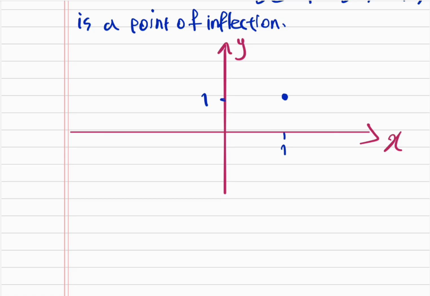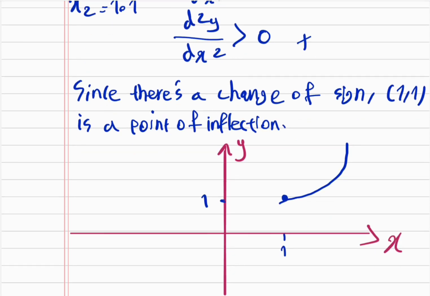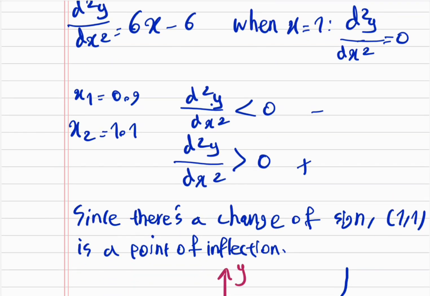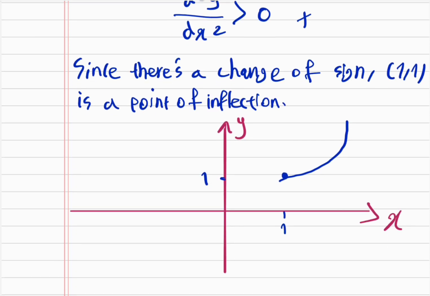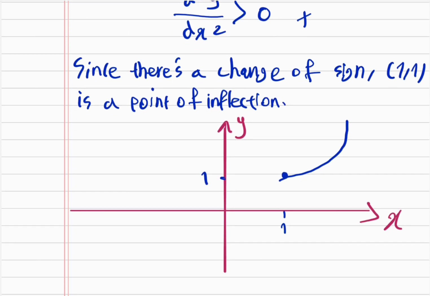Because we know that the coefficient is positive, that means it's a cubic, so it's going to start like this. But since this is the stationary point, it changes direction, and it's important to know where it's going to go. You need to remember that this stationary point is also a point of inflection, and at a point of inflection the curve changes its concavity.